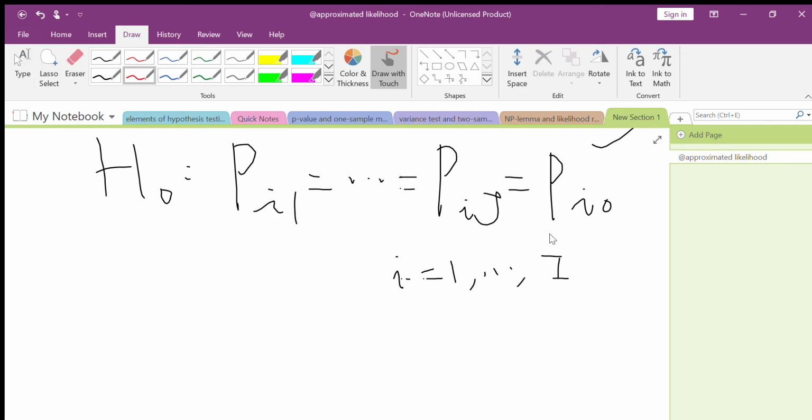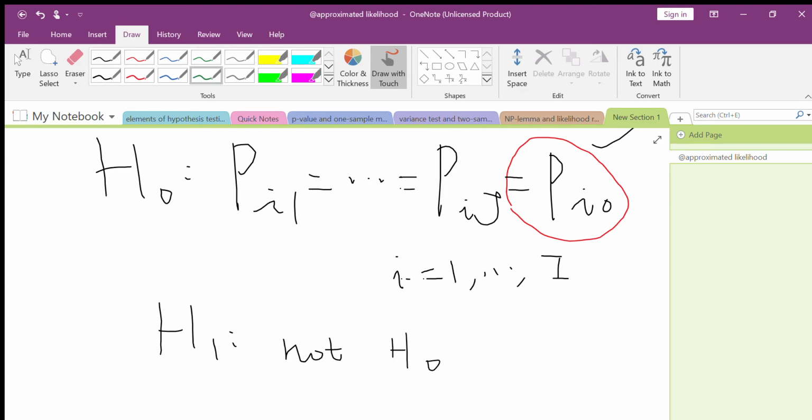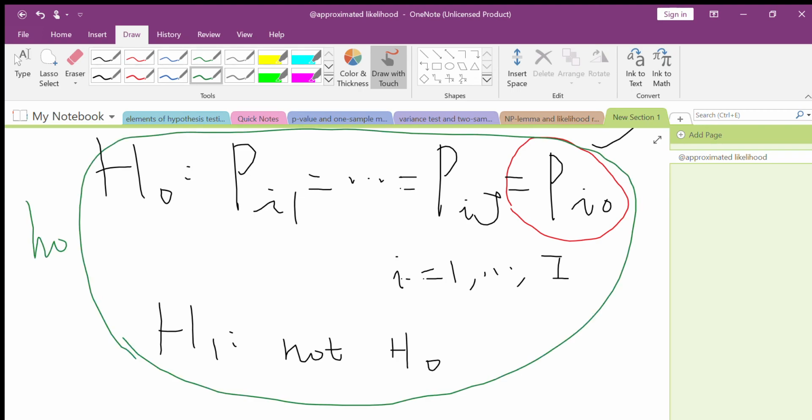Pi0 is some pre-specified value. H1 is not H0. This is called the homogeneity test.